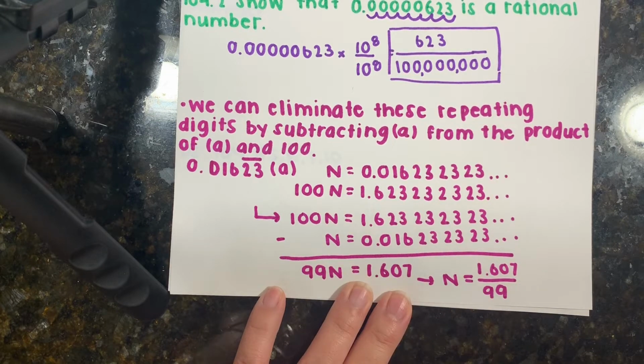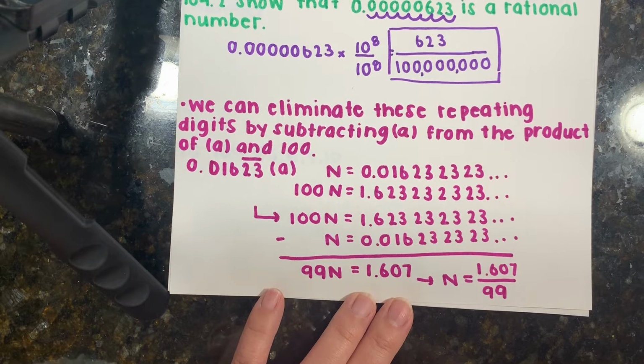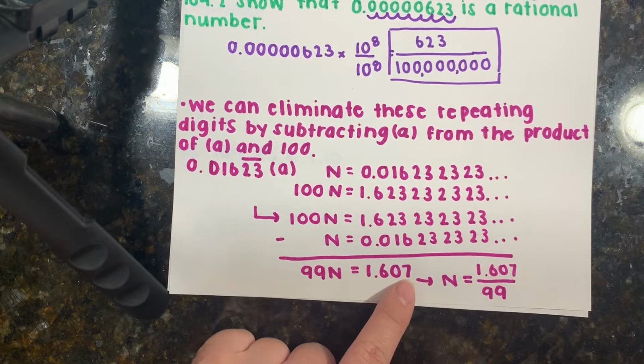And on the right side, if I do 1.623 minus 0.01623, we would get 1.607 as our result.